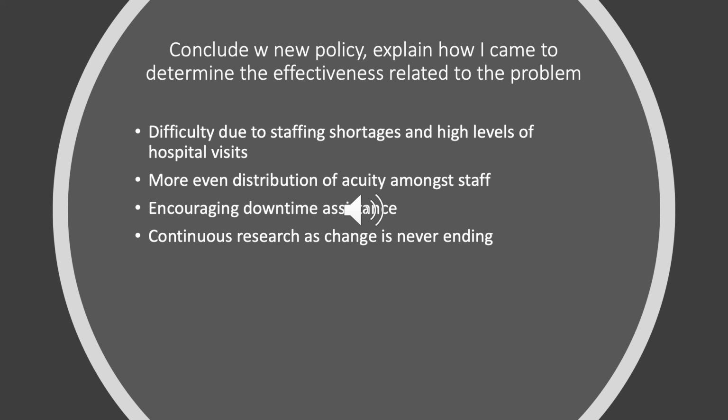Organizations could focus more on even distribution of acuity amongst the staff, encouraging downtime assistance, so when one nurse doesn't have as much to do, they help a nurse that has more to do, and finding ways to work with the staff that you currently have to make improvements until other research can be done and you can conclude why nursing shortages are such a dilemma in our rural regions.